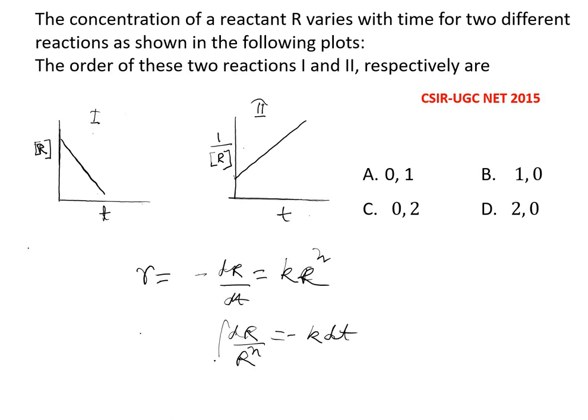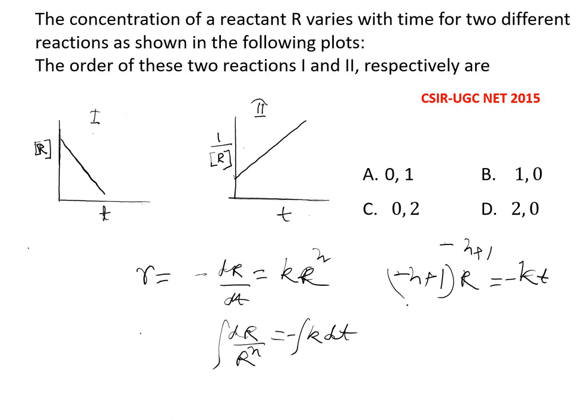Now you can integrate 0 to t and R0 to R, then what you will get is minus n plus 1, R to the power, if you put the limit, minus n plus 1 equal to minus k. So that is your general expression.